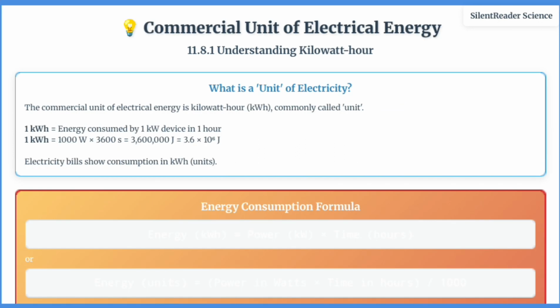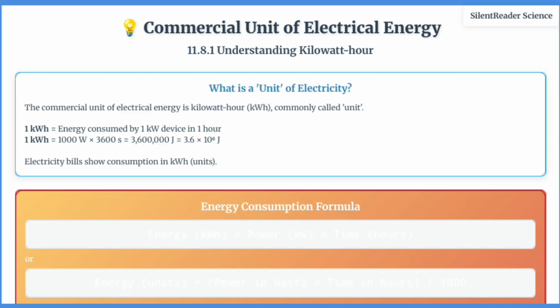Finally, let's discuss the commercial unit of electrical energy, which is the kilowatt-hour, commonly called a unit. 1 kilowatt-hour is the energy consumed by a 1 kilowatt device in 1 hour. Since 1 kilowatt equals 1000 watts and 1 hour equals 3600 seconds, 1 kilowatt-hour equals 1000 times 3600 equals 3,600,000 joules, or 3.6 times 10 to the power 6 joules.